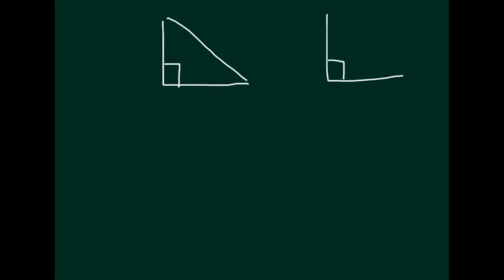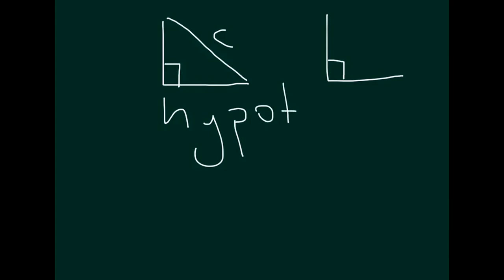Now we're saying that some Greek mathematician named Pythagoras came up with this idea that to find the longest side of the triangle, right? Let's label it C, or it's otherwise known as the hypotenuse. So weird spelling word. Right?